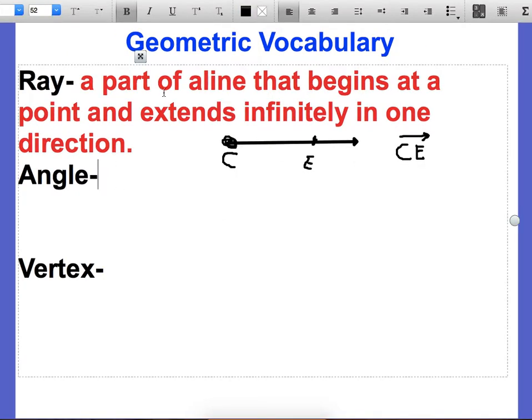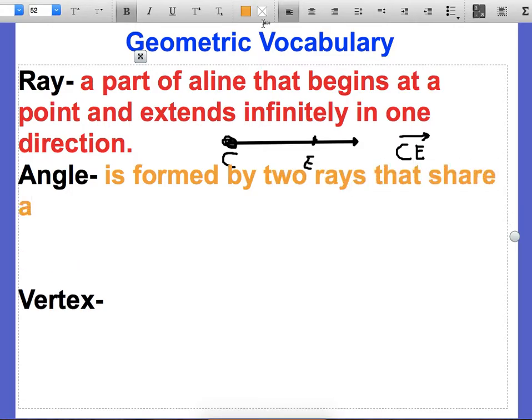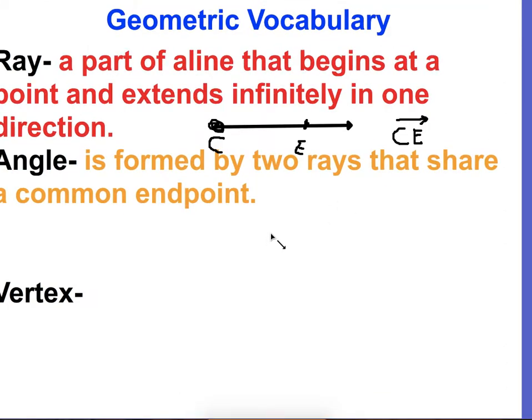All right, let's look at angle. So an angle is formed by two rays that share a common endpoint. Let's go ahead and draw that.